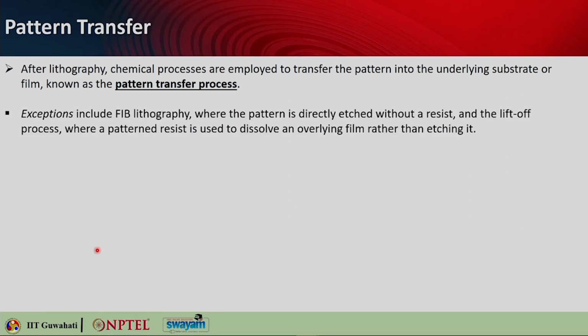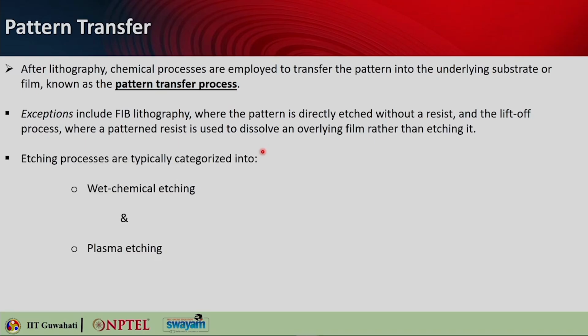There is an exception in FIB lithography, where the pattern is directly etched without a resist, and the lift up process, where the pattern resist is used to dissolve an overlying film rather than etching it. But in other cases you are actually doing this etching process, and this etching process can be categorized typically into wet chemical etching and plasma etching techniques.